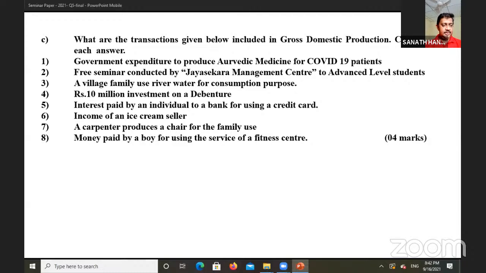Next one: money paid by a boy for using the service of a fitness center. You are getting a service, you pay. No issue, so it is included.